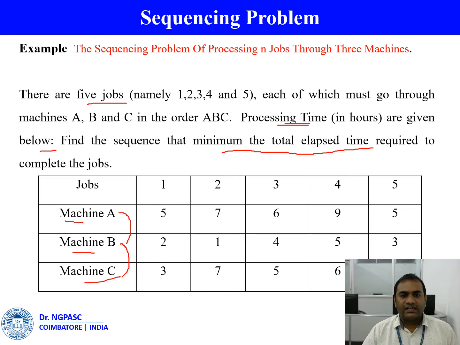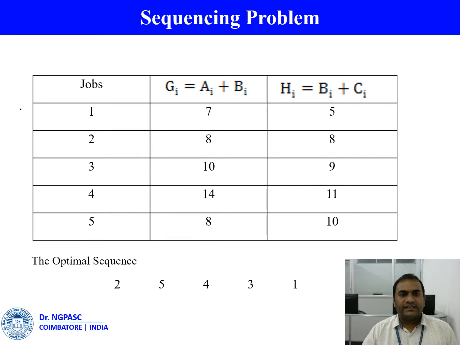Likewise, we add these two values and put the new name G. So we get these processing times: 7, 8, 10, 14, and 8.